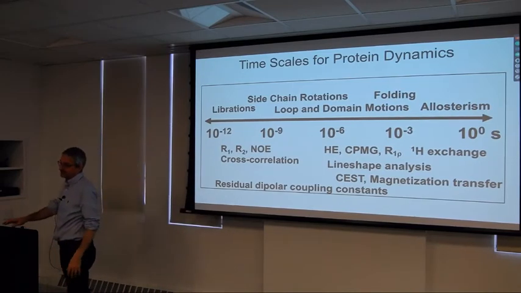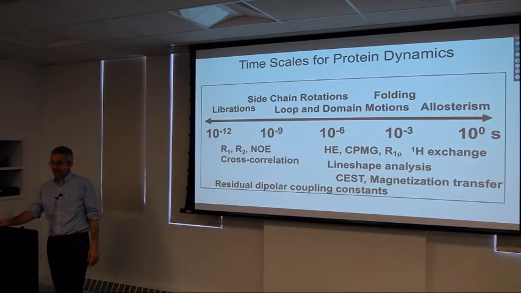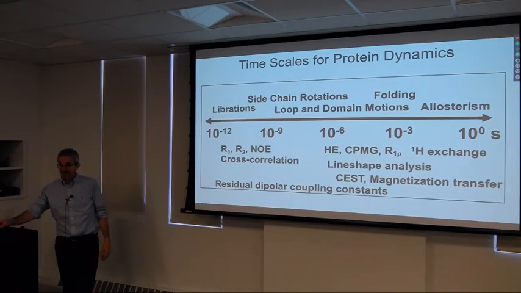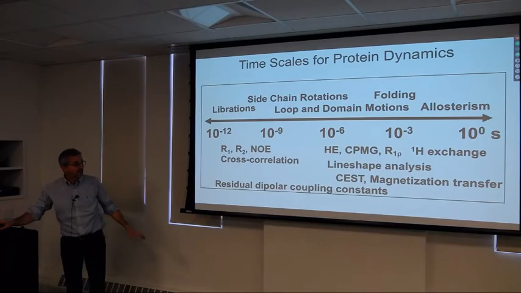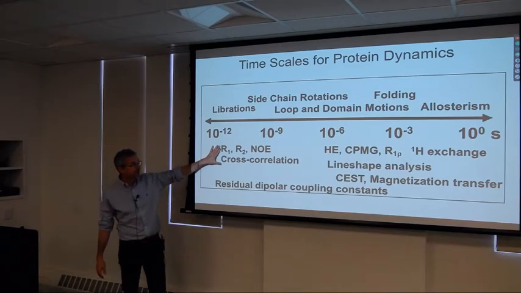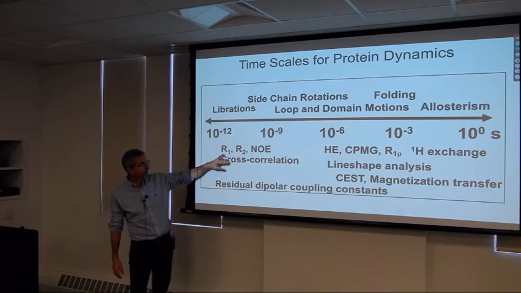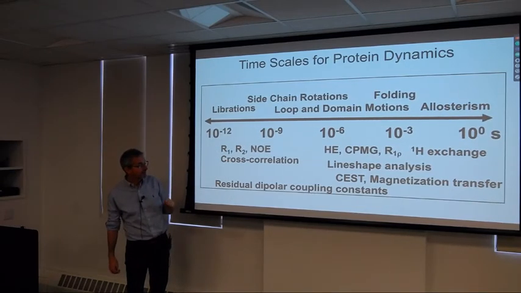The size molecules one works on in solution typically tumble with rotational correlation times of tens of nanoseconds. And these will be studied then by so-called laboratory frame relaxation measurements, and in the simplest case, R1, R2, nuclear Overhauser effect, and then possibly more complicated cross-correlated relaxation effects.